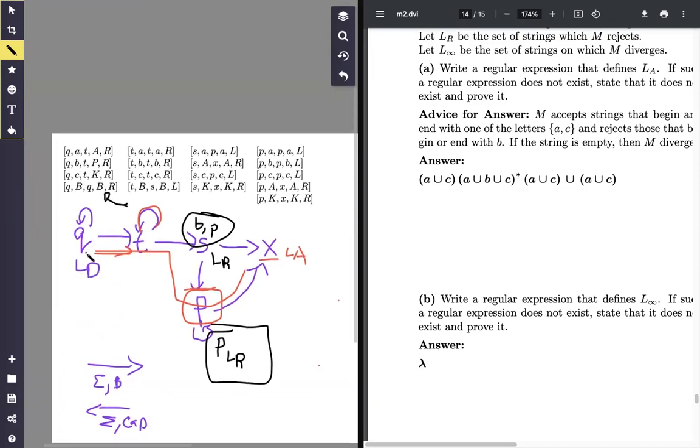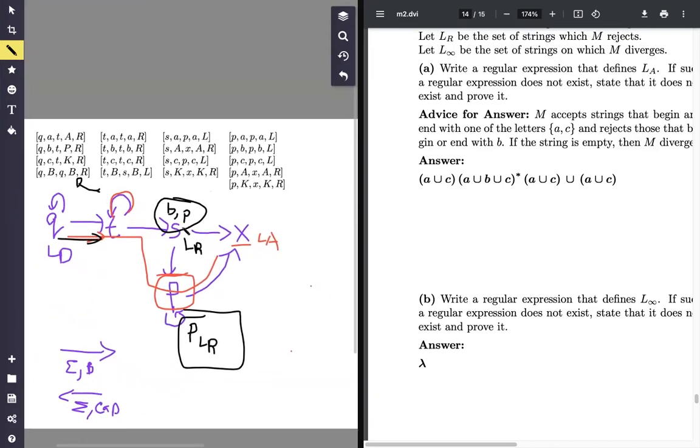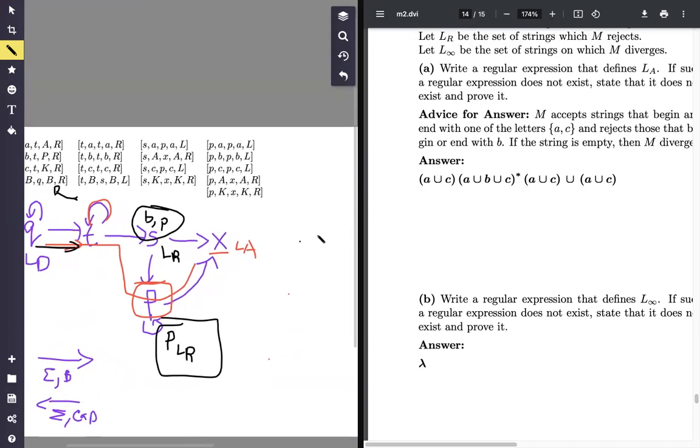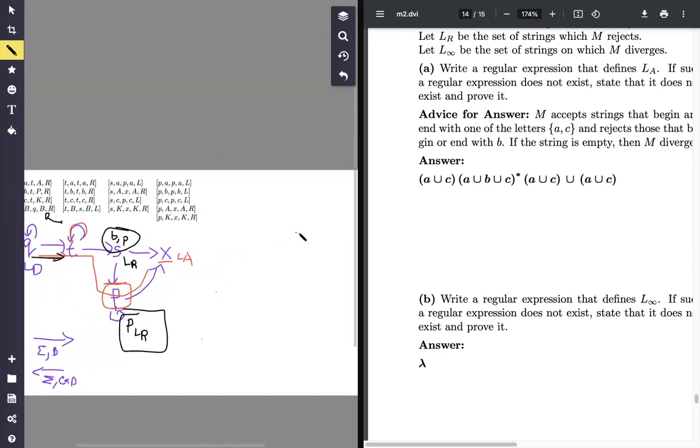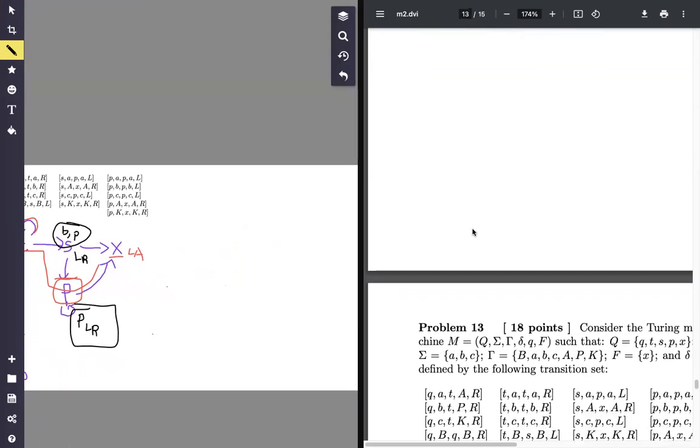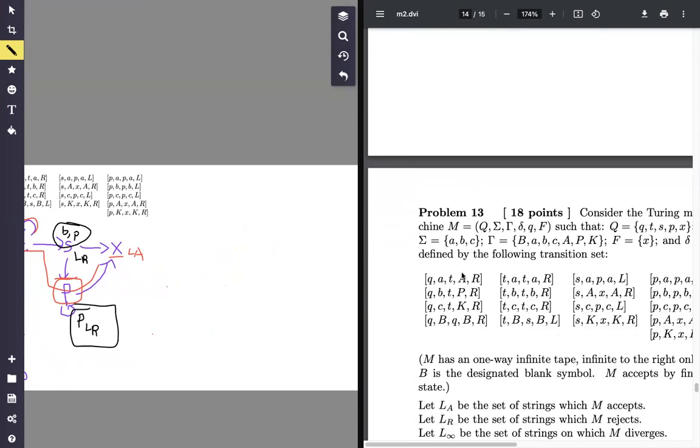Okay, so we want to go from Q to T because our goal is to get to state S. S is how we reject. So let's go from Q to T. And we know we do that by just some sort of capital letter.